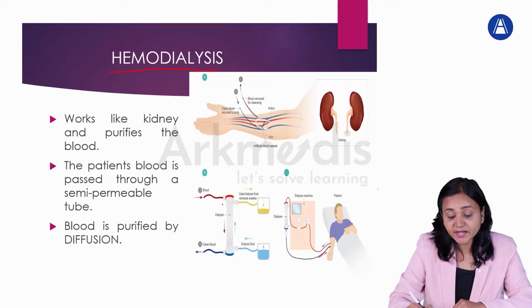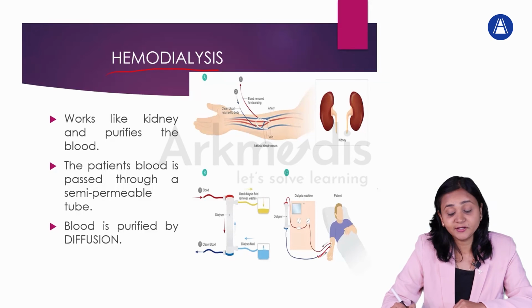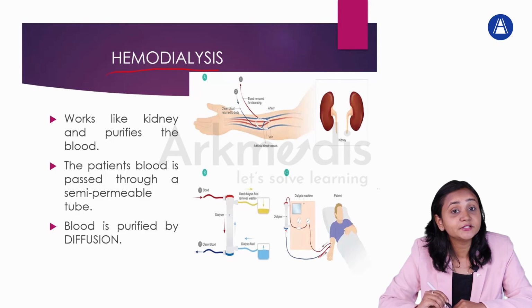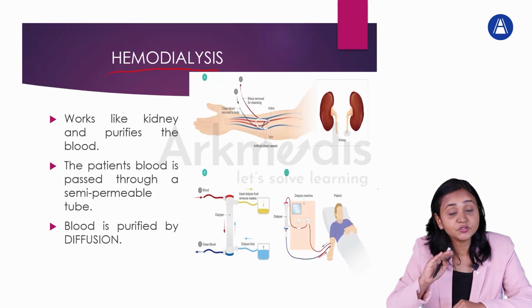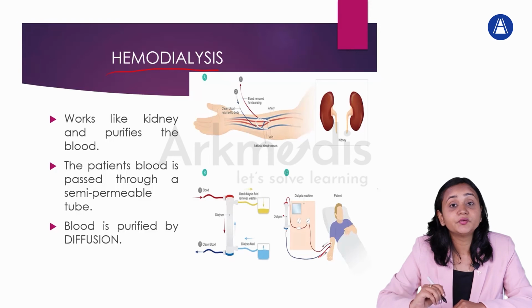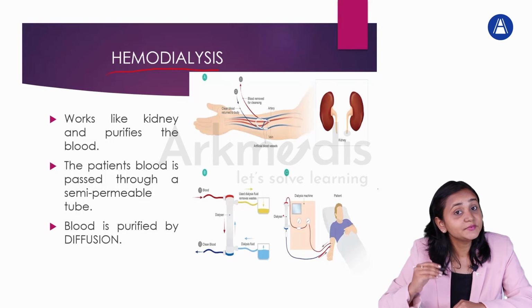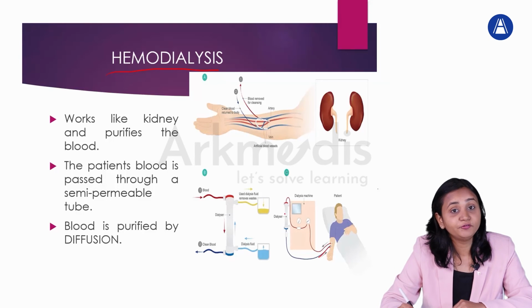Now, in this hemodialysis, as you can see, the impure blood is taken from the patient and it is allowed to pass inside the equipment called the dialyzer. In this dialyzer, there is a network of tubes that is dipped inside the dialyzing fluid.